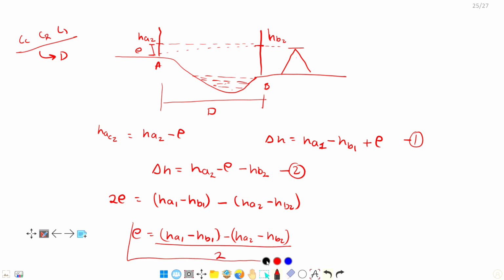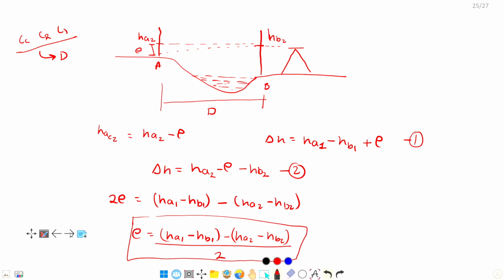So this is our total correction, or total error due to CR, CC and CL. Due to all three errors, this is our total error E. So by using reciprocal leveling we can calculate the total error occurring in between 2 points with a wide gap. So in this way reciprocal leveling is helpful.